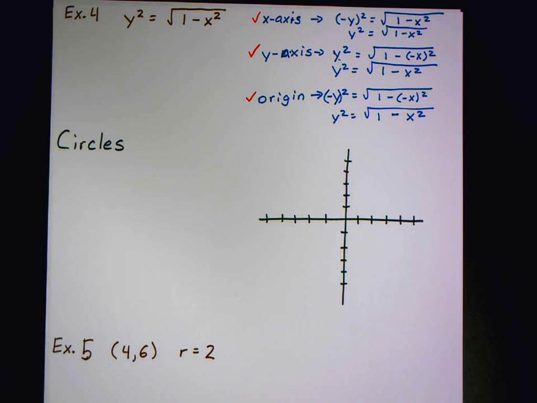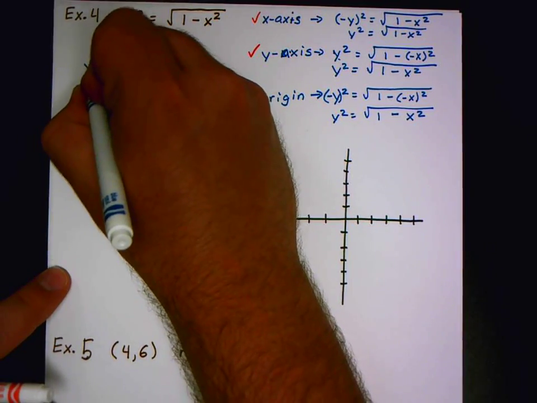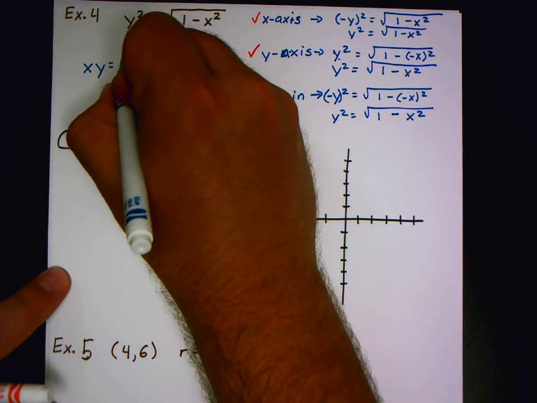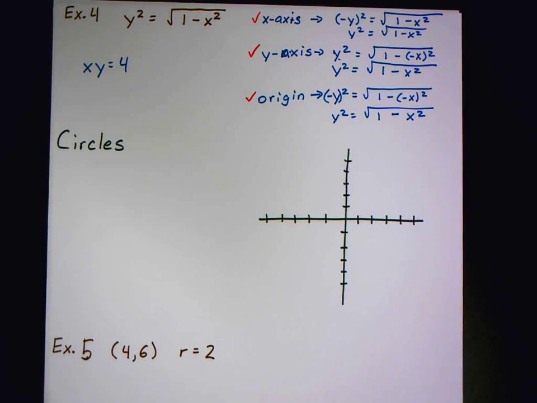No, you can do them in any order you want to, because none of them rely on the other one. Like I said, I can show you one where the origin works and the other two don't. That one right there, origin works, the other two don't.